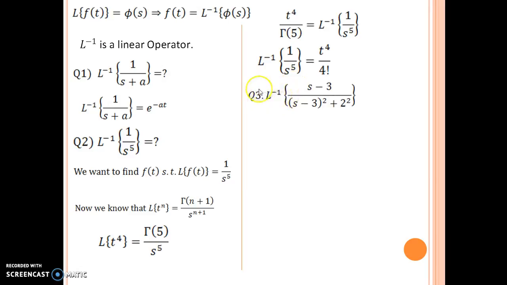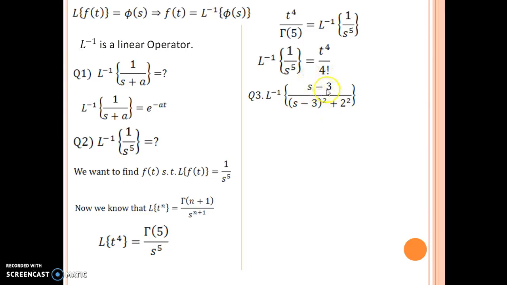Okay, let us see the next thing. Now observe here, this is something one step ahead. We have to find Laplace inverse of s minus 3 over s minus 3 the whole square plus 2 square. If you observe this function properly, you try to search which format in the formula list it suits.